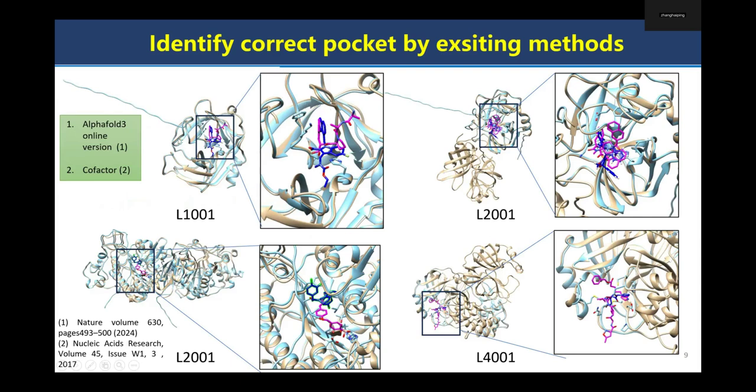For example, we use the AlphaFold3 online version to predict the protein structure, which is highly accurate, except some not so important regions may be predicted as loops, but the core regions almost overlap with the experimental structure released later. And we use COFACTOR to identify the potential binding site.